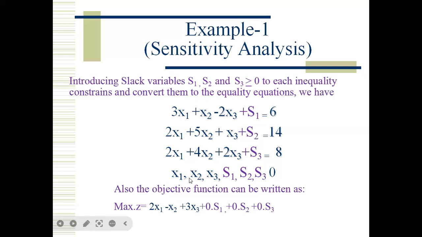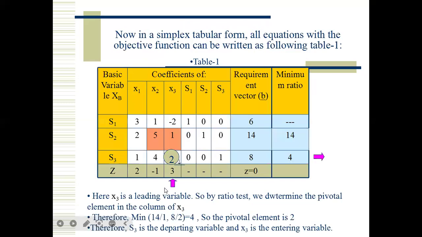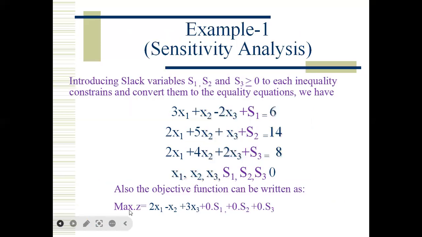So there are six variables x1, x2, x3, s1, s2, s3, and they must all be non-negative.